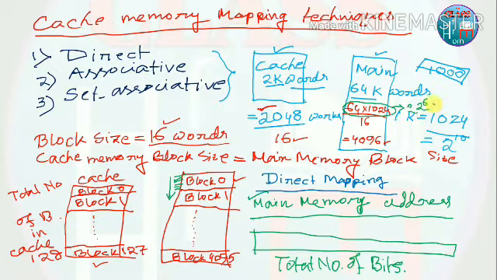Very good. 2 to the power 6 multiplied by 1024. 1024 means 2 to the power 10. So it will be a total of 2 to the power 16.